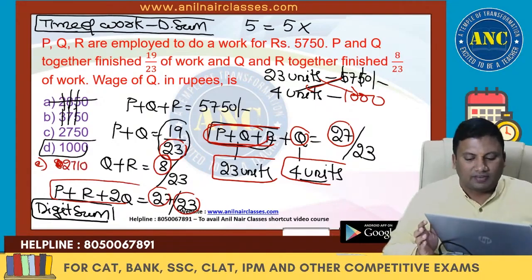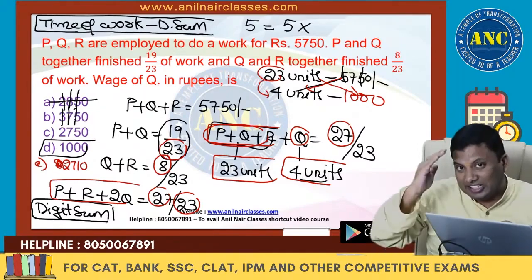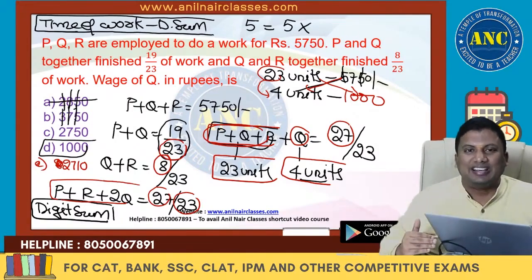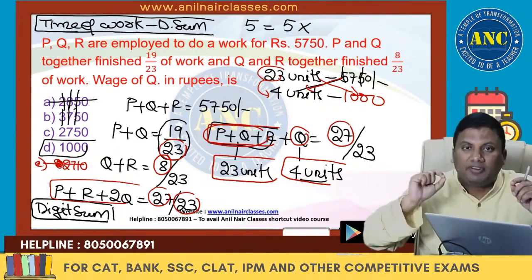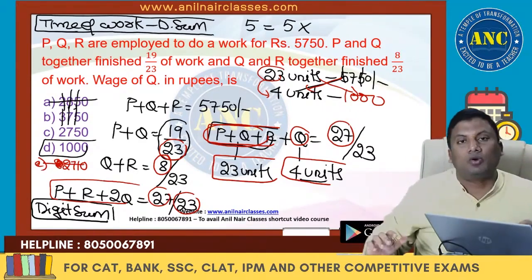Suppose if it is 2710. It cannot be 2710. Why? Because if it is 24, 24 by 4, it is by 6. 5700 by 6 is closer to 1000. It cannot be 2710. Digital sum should be coupled with simplification concepts or the divisibility rule concepts.